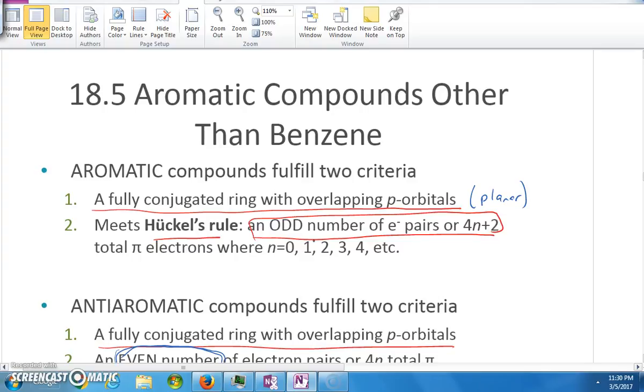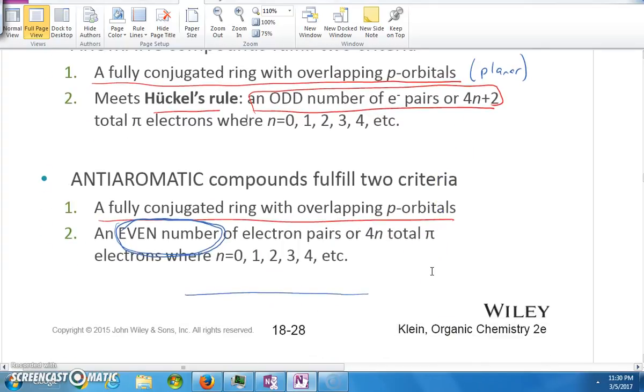Now, anti-aromatic compounds fulfill 2 criteria: a fully conjugated ring with overlapping p orbitals and an even number of electron pairs, or 4n total pi electrons, where n equals 0, 1, 2, 3, 4.